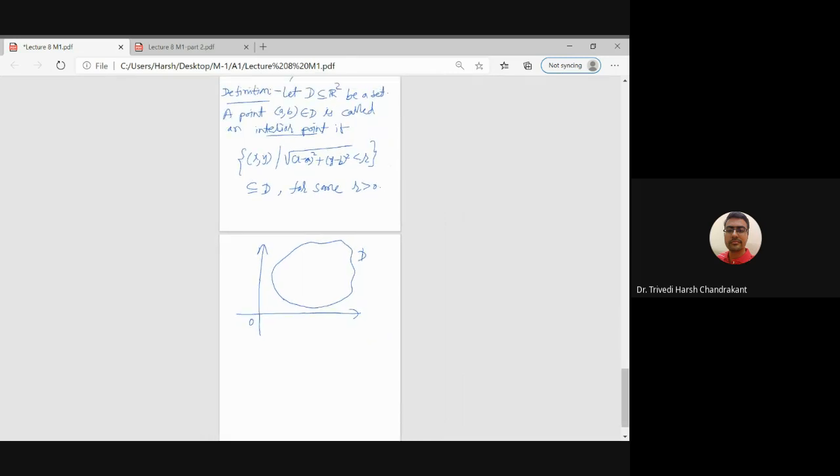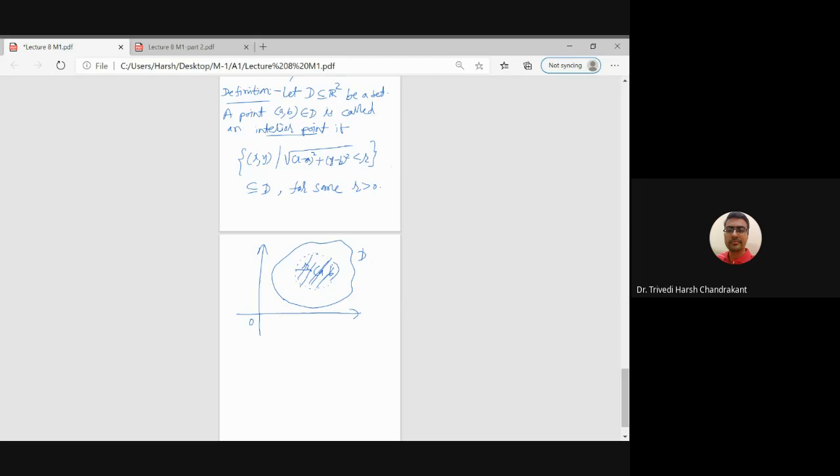We say that a point (a, b) is an interior point if we can find a small enough circle around it, with radius r, such that all the points inside this circle belong to D. Then we say that the point (a, b) is an interior point of the set D. Let me repeat the definition once again.